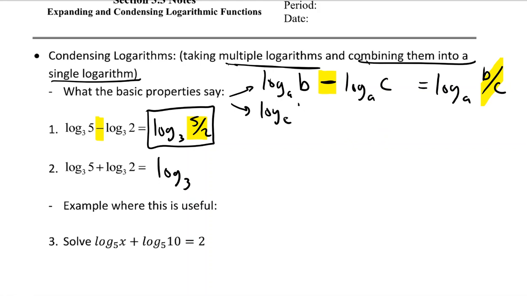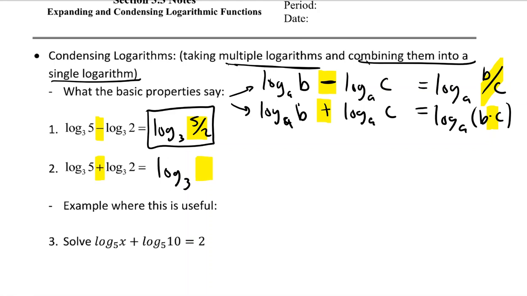The other one says if you had two logarithms of the same type and they were separated by an addition sign, you could condense those with multiplication. So for us, number 2 here, log base 3 of 5 plus log base 3 of 2 could condense to log base 3 of 5 times 2.